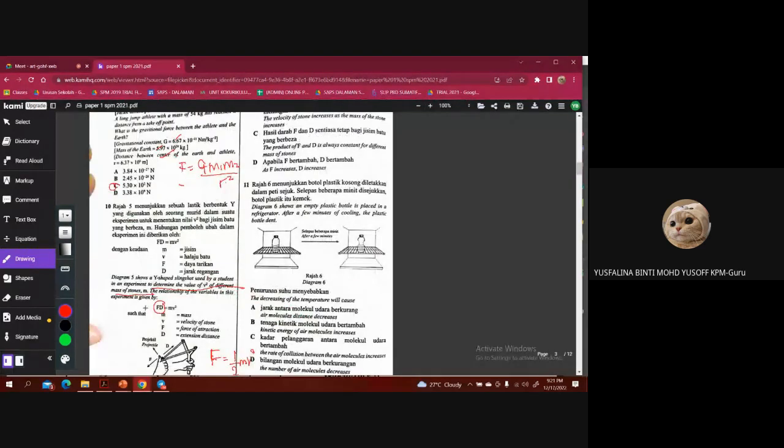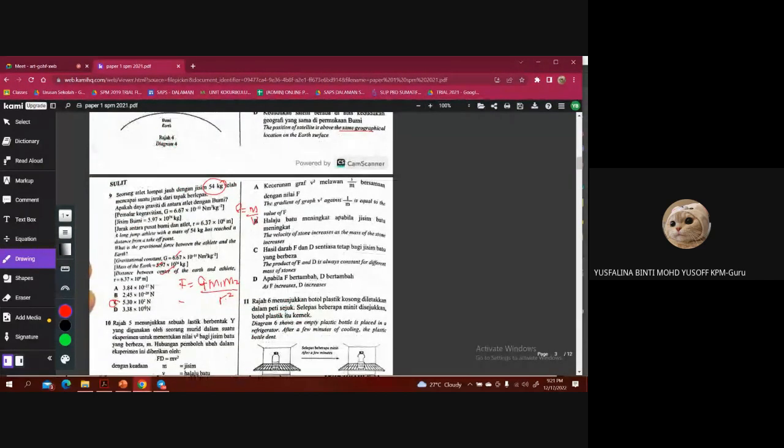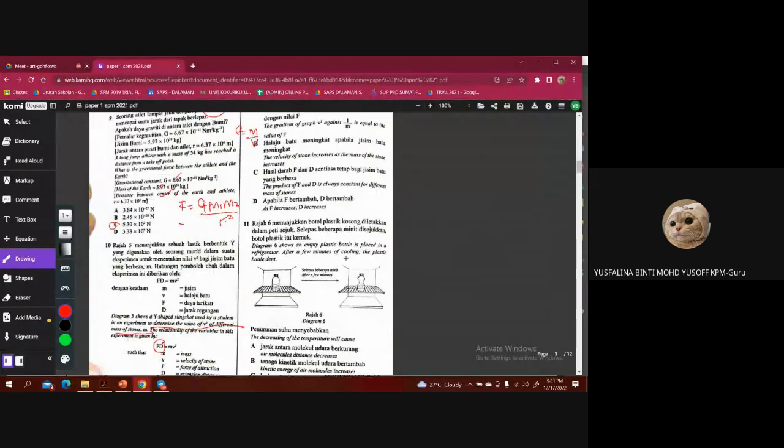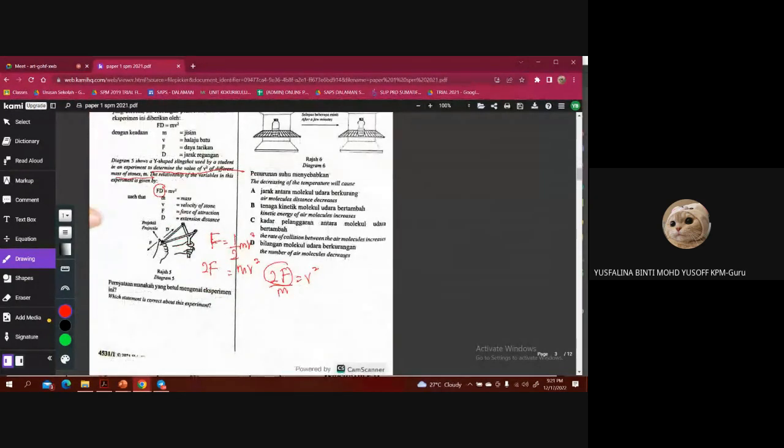So let's see what's the question. The gradient of the v square against 1 over m is equal to the value of F. So we put y equals mx plus c. There is no value of c here. So what is your x? Your x is 1 over the mass.